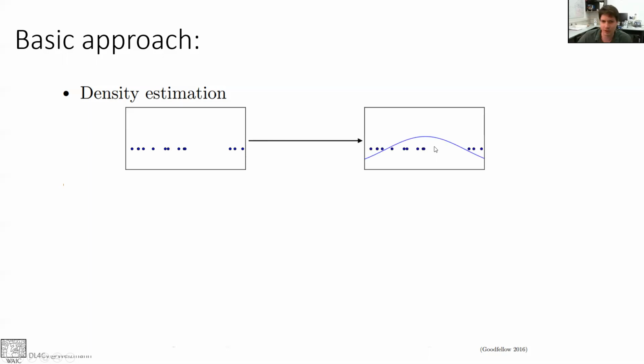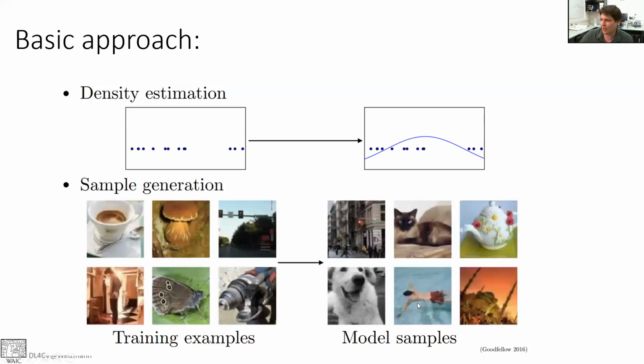It's very easy to do a Gaussian fitting to data, right? There are only two moments. You just have to calculate the covariance matrix and the expectation vector, and then you can match it, and you can sample new instances from this Gaussian. So you have the training examples, and then you can generate new examples.